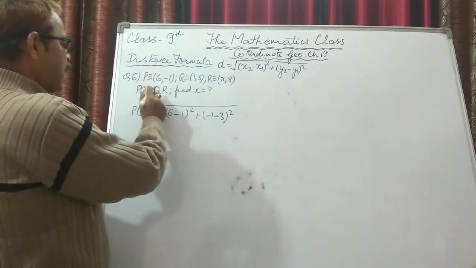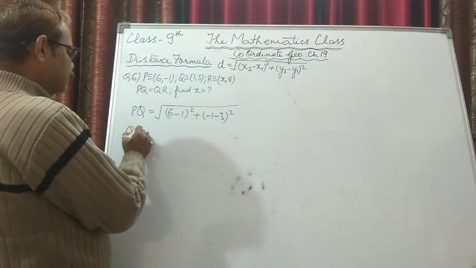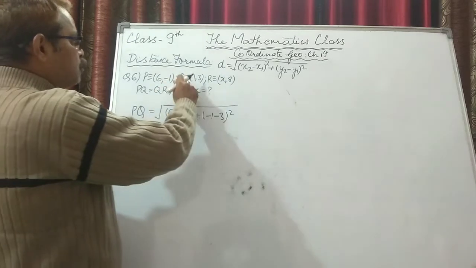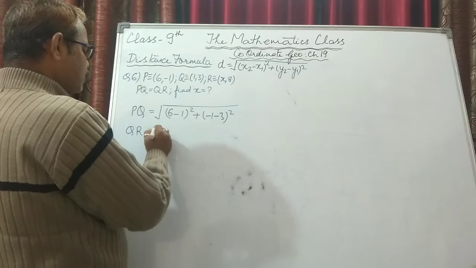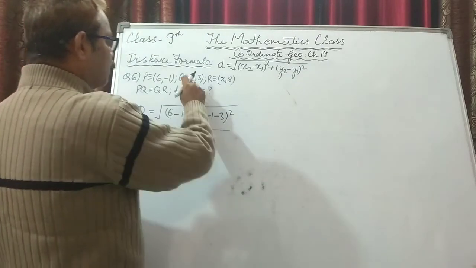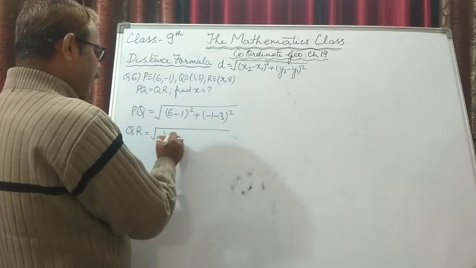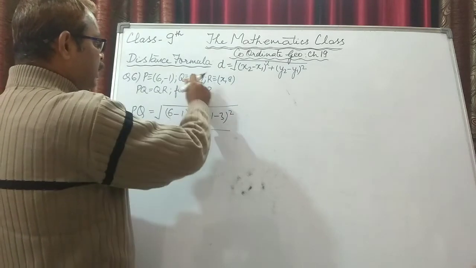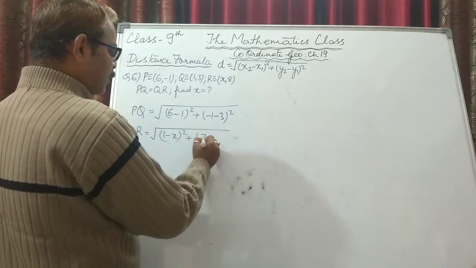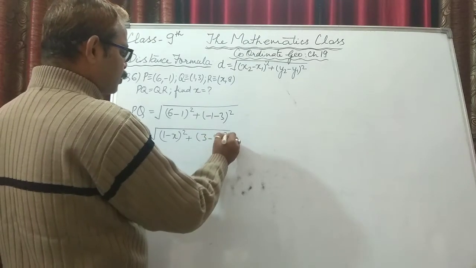This is PQ and we will find QR. QR, so x1 y1, x2 y2, this way. So 1 minus x whole square plus 3 minus 8 whole square.